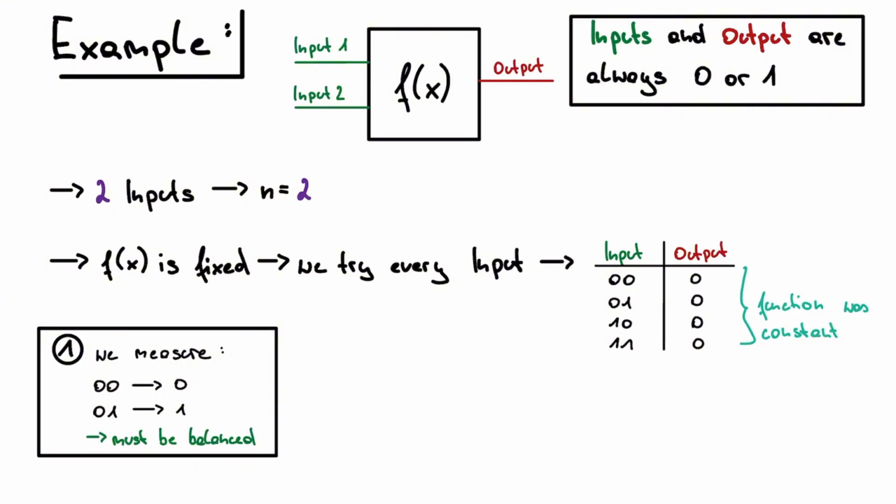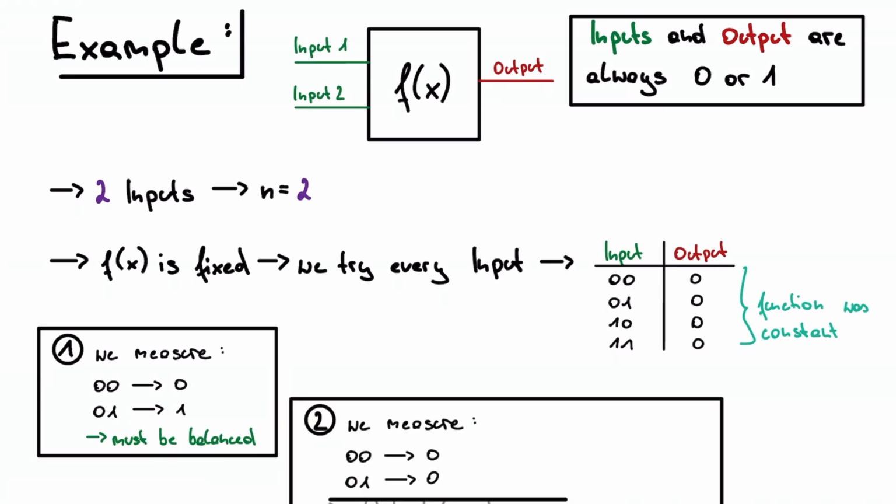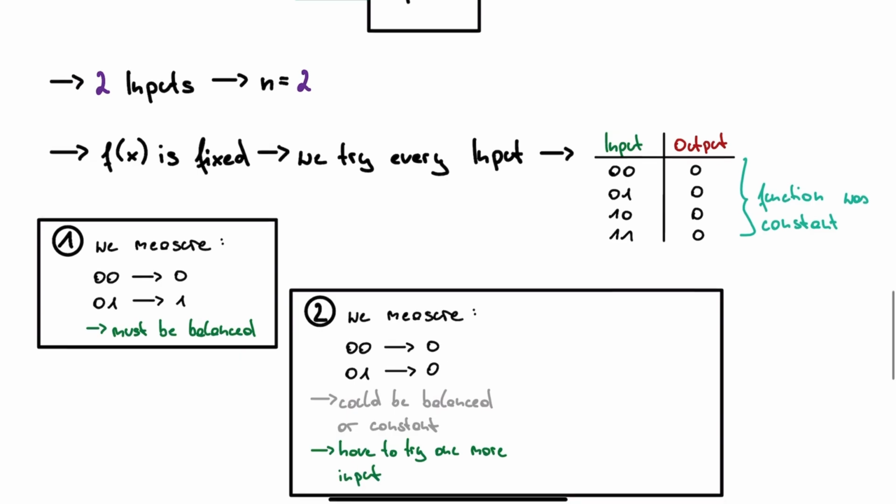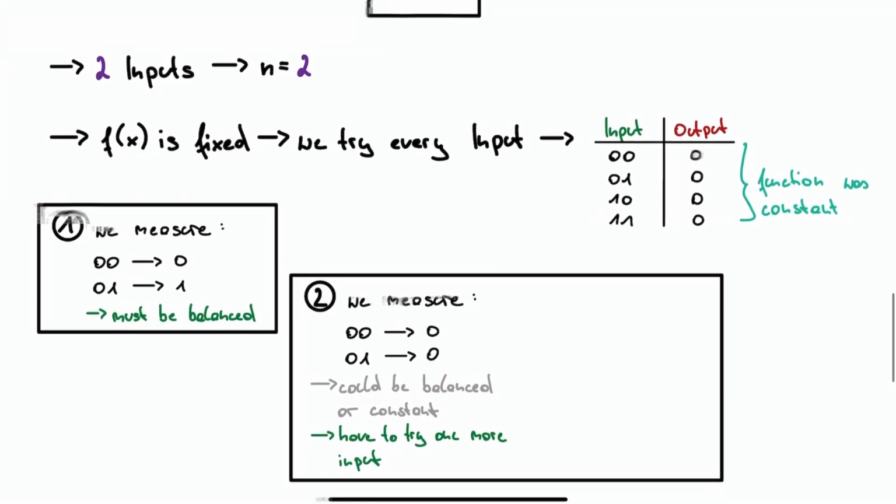So let's try it again. We reset the black box and let it randomly choose a new function. Now we send in 0,0 and get 0, then 0,1 and again get 0. But at this point, we don't yet know if the function is constant or balanced, because it could still go either way.